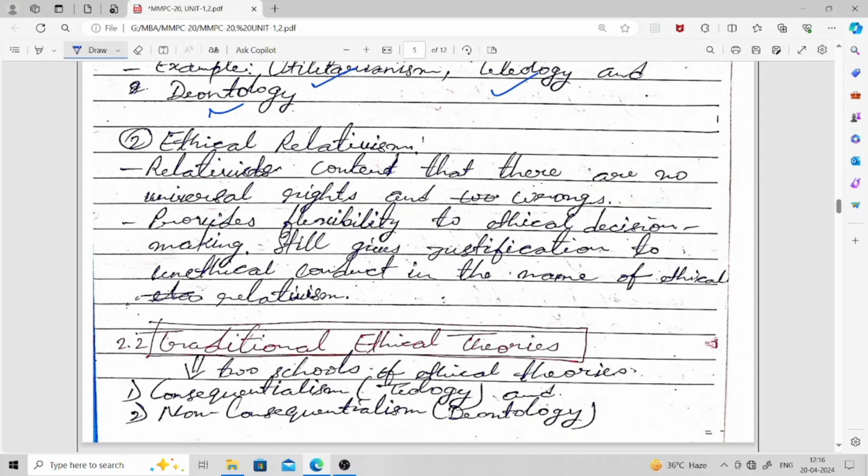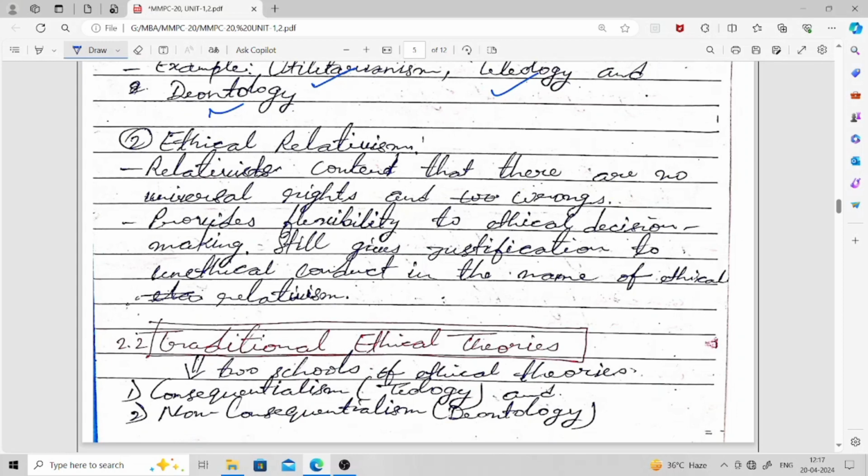It gives flexibility because it says that there are no universal rights and wrongs. Everything is comparable. Compared to another, one is more right, another one is less right. That kind of thing happens in ethical relativism, which is why there is more flexibility in this case.